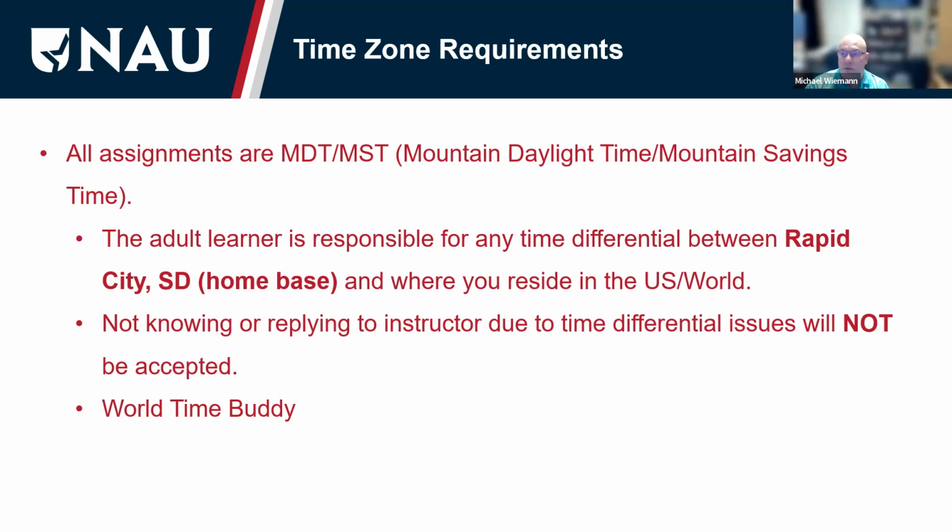So the adult learner is responsible for any time differential. Same deal: week 2, on Friday, you come in and say, Mike, I thought I was doing it at, I live in California and I did it at 11:50 p.m. in my time zone. It's not going to count for points. The adult learner is responsible for any time differential inside the class.